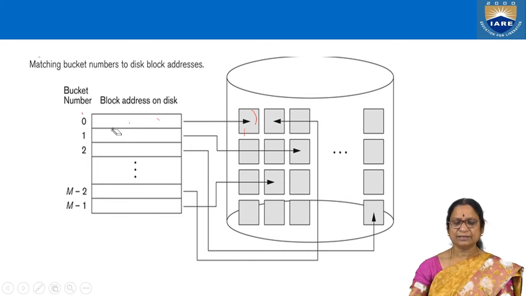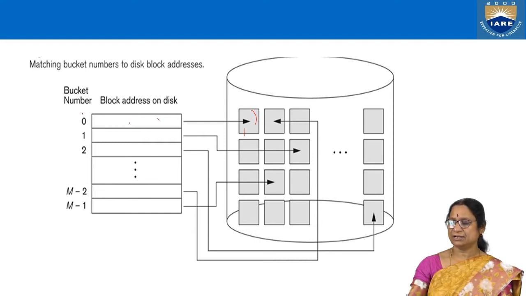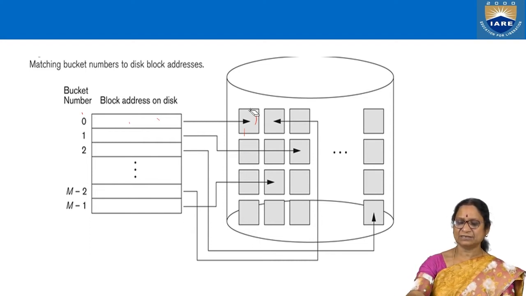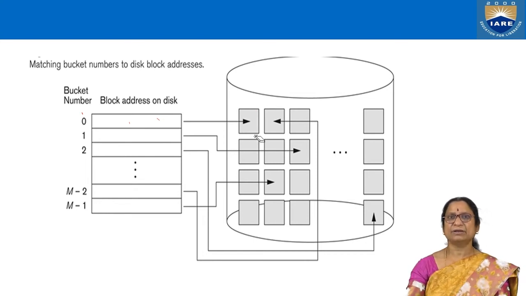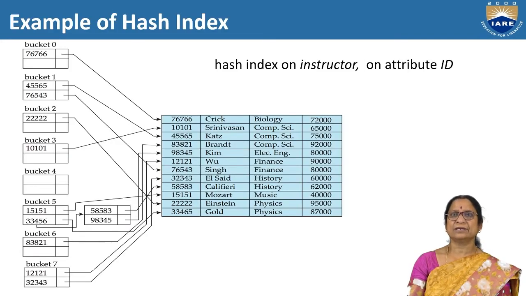So here this bucket address is going to be stored on the disk first. That address gives the block address in which the respective bucket data was stored. So in such a way, we have to manage the hash indexing concept by using a static hash function.